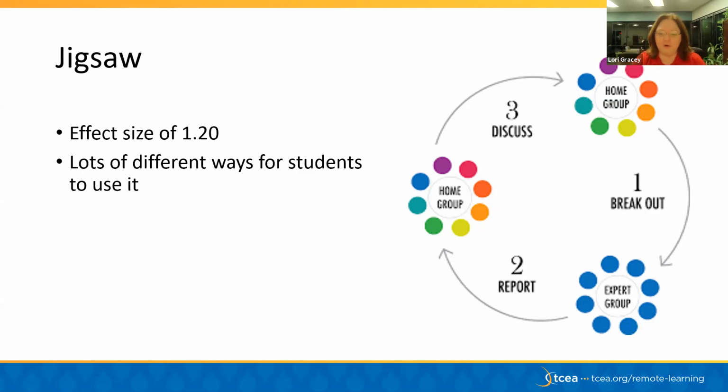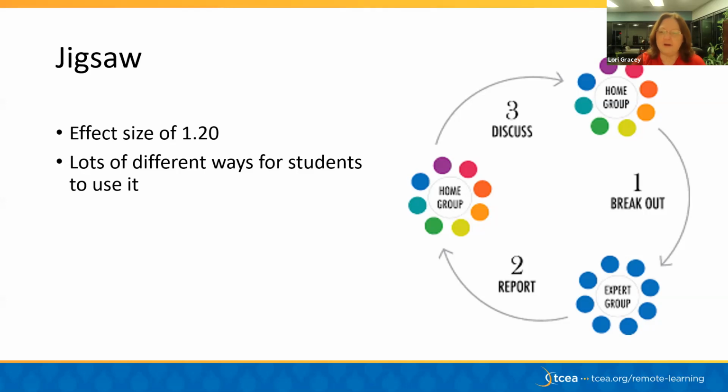Now, while they were in their home group, somehow they each got assigned a chunk of content. You can do this randomly where they just draw numbers, 1, 2, 3, 4. Everybody gets content. 1 is the people of the Alamo, okay? You can do this where you assign it. Maybe you want to make sure you've got students that are struggling or with different areas. You want to make sure they're assigned a piece of the content that they can handle.